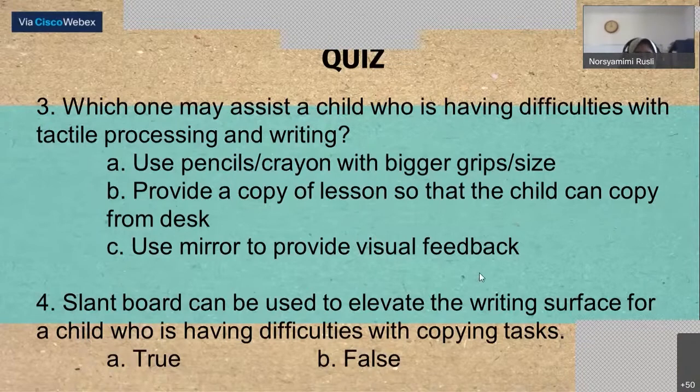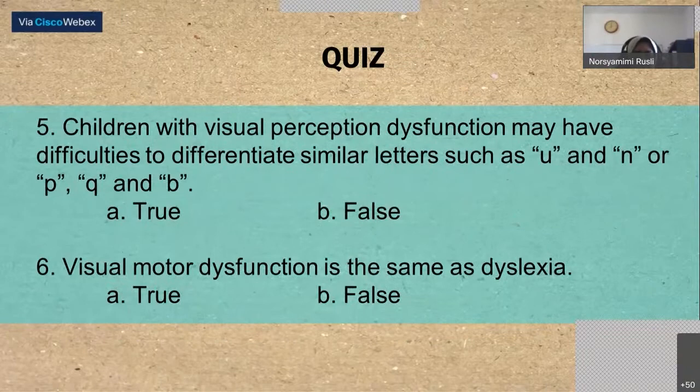Number 5. Children with visual perception dysfunction may have difficulties differentiating similar letters such as U and N, or P, Q and B. Is it true or false? Okay, true.